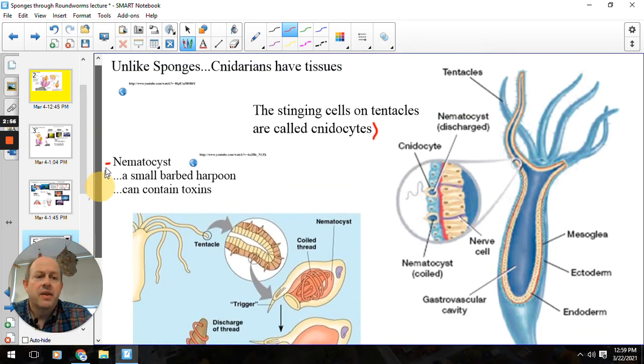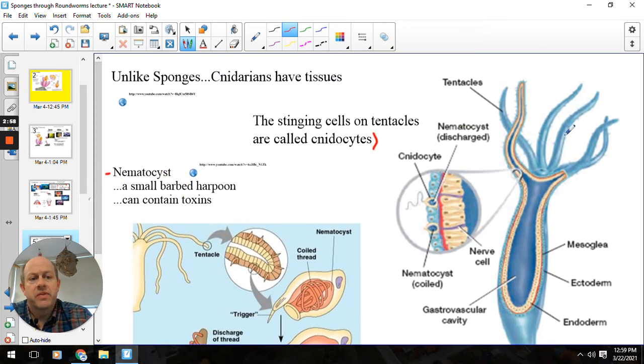That will allow the cnidarian to pull the prey into its gastrovascular cavity, where it will start to digest it, and then it will disperse the nutrients to all of the cells. That is the way the pneumatocysts work.